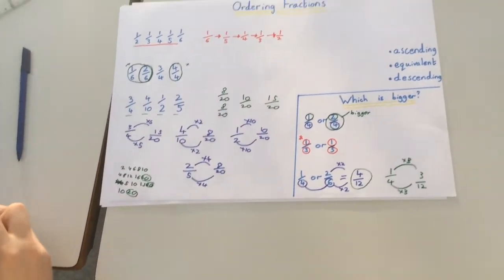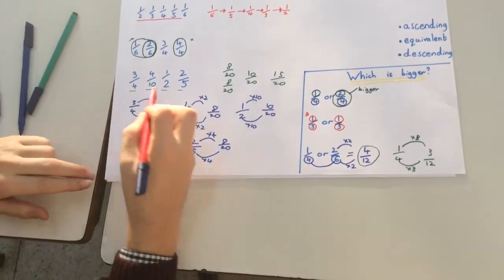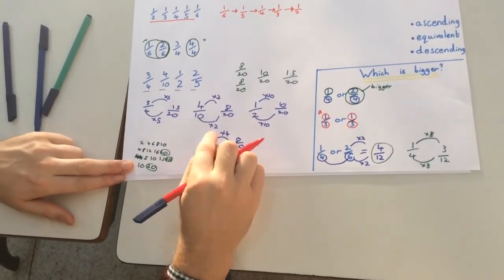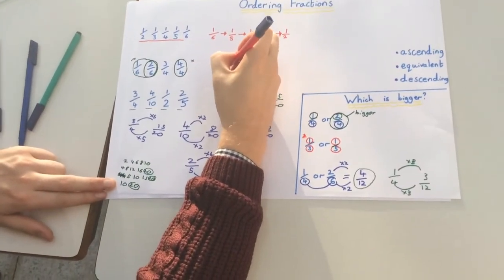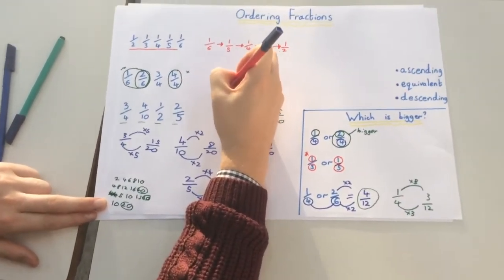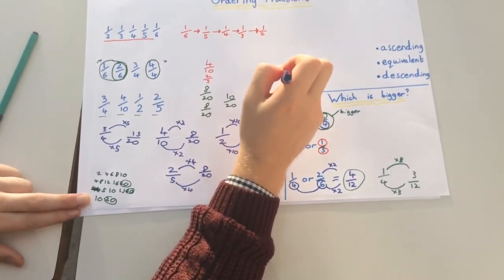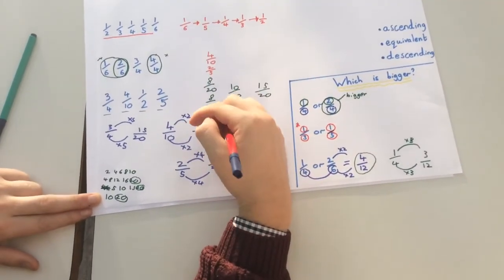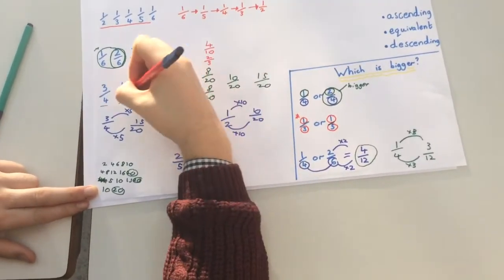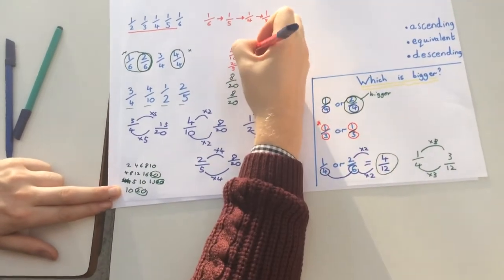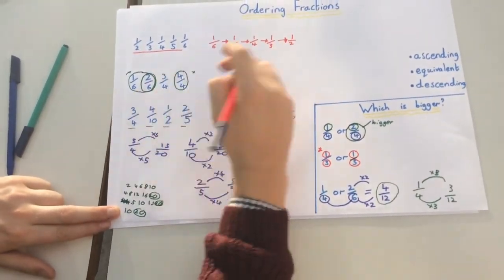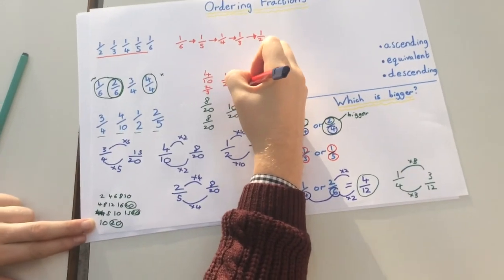I can obviously still write these in their original format, where we found that 4/10 and 2/5 were equivalent. And then I had 10 20ths, which is a half, and then finally 3/4 was the biggest.